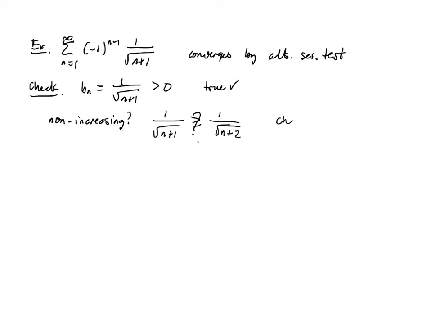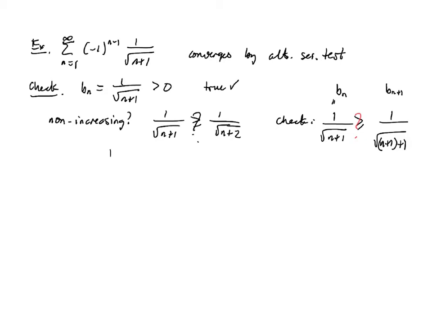What we're checking is that 1 over square root of n plus 1, that's our bn, is greater than or equal to our bn plus 1, which is 1 over square root of n plus 1 plus 1. Right? And that's the thing that we have to check in this particular case.